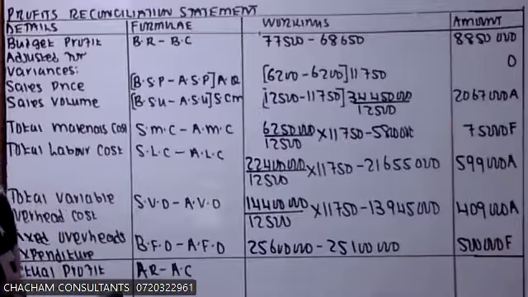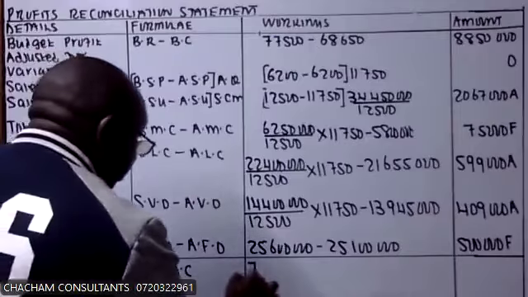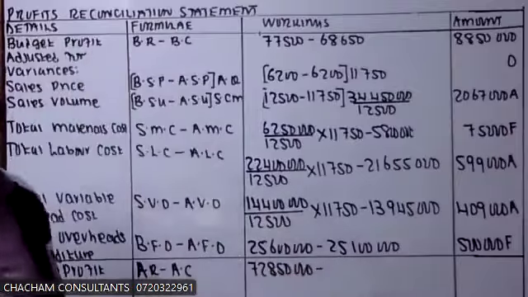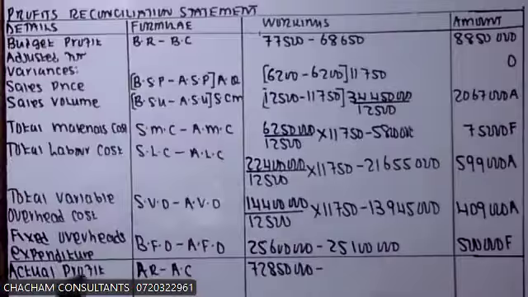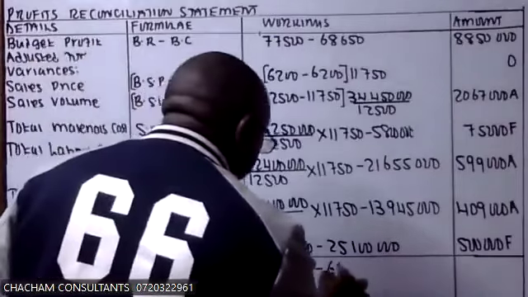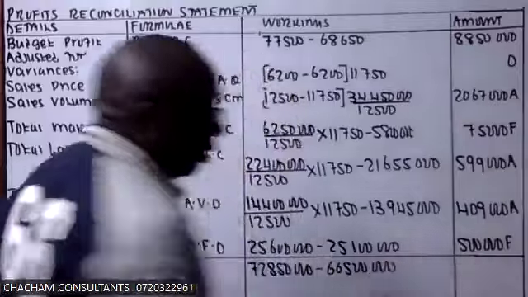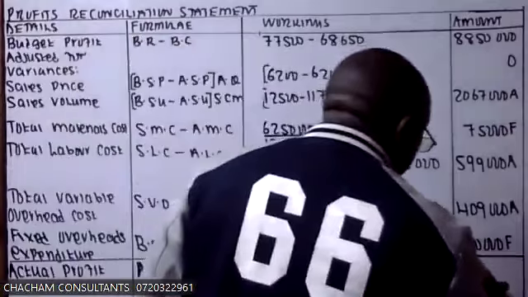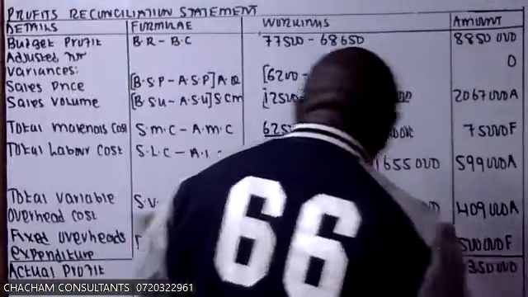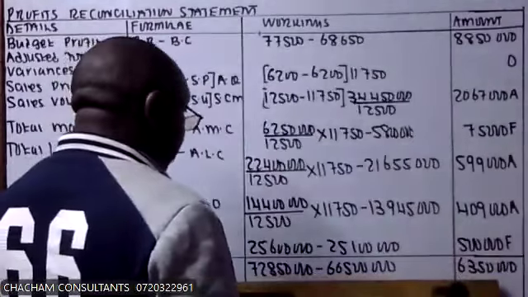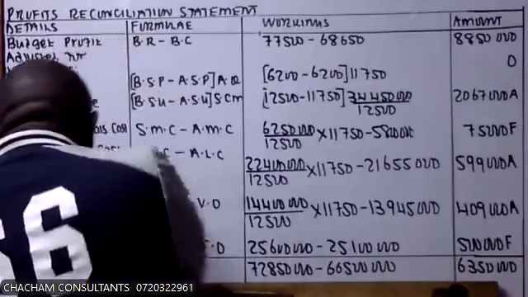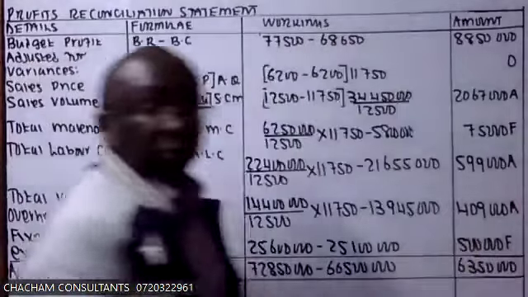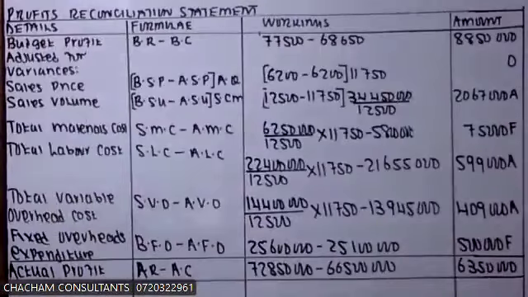So this will be 72,850 minus 66,500, which is already computed as 6,350,000. So that should be the end of the statement.